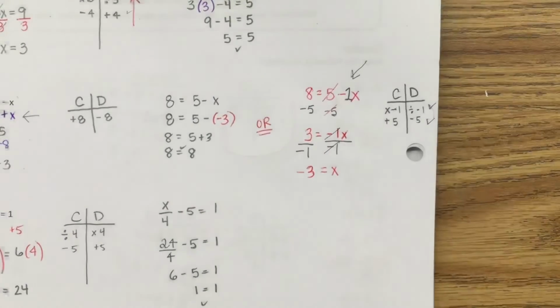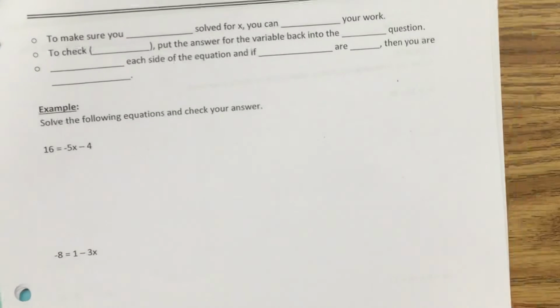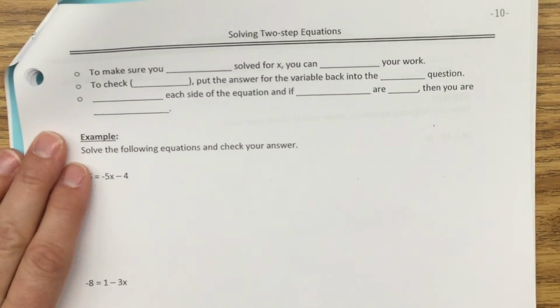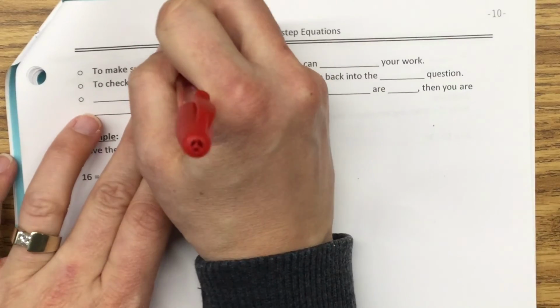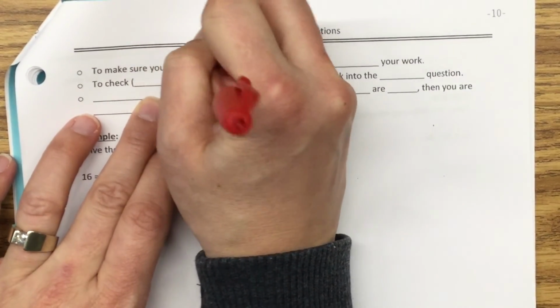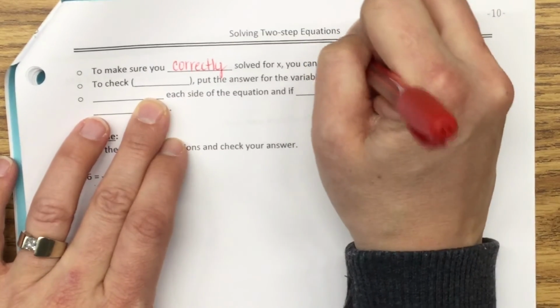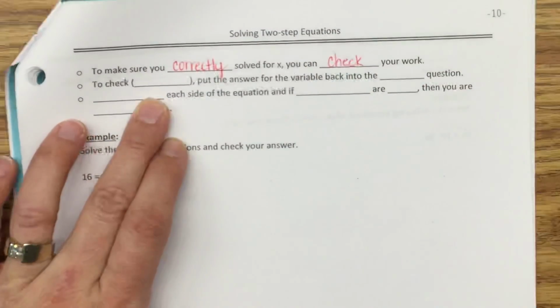Okay, turn the page. To make sure you correctly solved for x, you can check your work. We already know this. We're just going to fill in the blanks. This is nothing new.